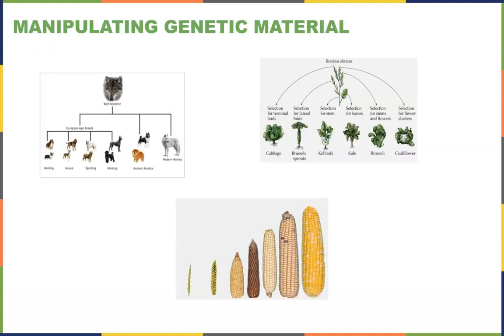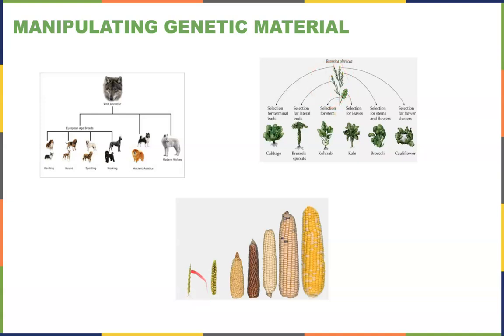So humans have been manipulating genetic material for almost their whole life. This wolf, we've taken the wolf and we've made dog breeds out of it by selectively breeding. We've done the same for crops such as this one. We've made all these different types of vegetables off of one initial crop.